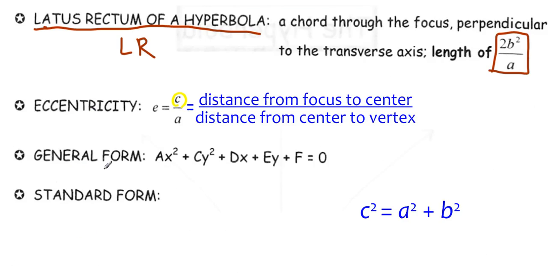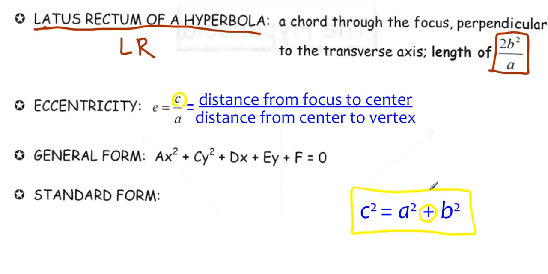Okay, the general form, not so important to us. What is important to us, though, is this formula here. Now, this is the Pythagorean theorem: a squared plus b squared equals c squared. So if we're given a and b and we want to find c, we can do so this way, or if we're given any two of these variables, we can find the third using this. Notice the difference between this formula and the formula that you were given for ellipses.